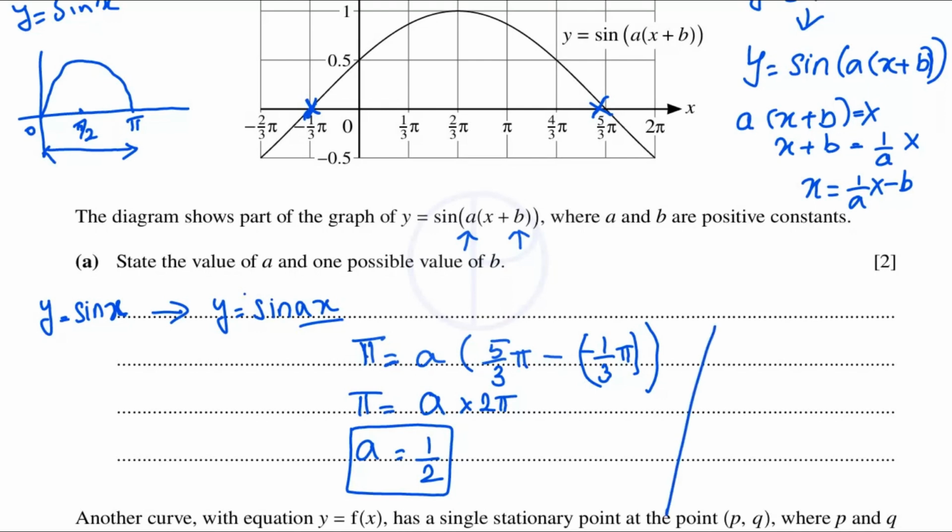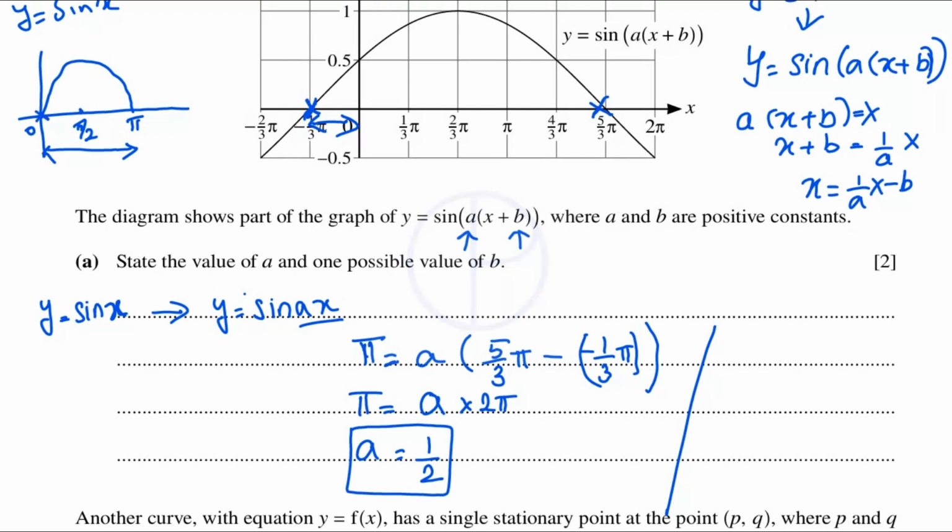Okay. Then what is the value of b? b is the translation factor. It translated towards the left side by a factor of, from here to here it moved. Okay.